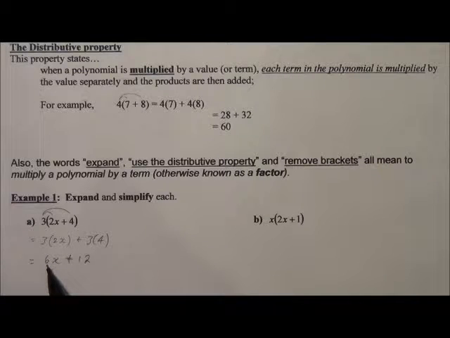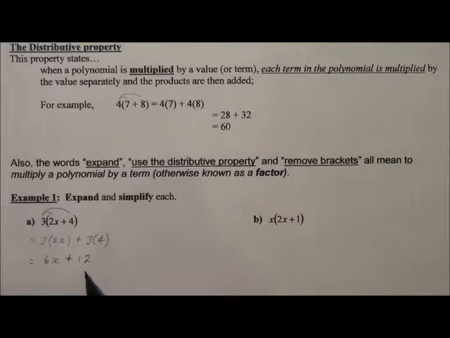Because the slope is the actual inclination of a line, as we've seen it as rise over run, and the y-intercept is just at one specific point, it does not make sense to add a point to something that is not a point, which is in this case the slope. Okay, so that stays as it is and cannot be simplified further.